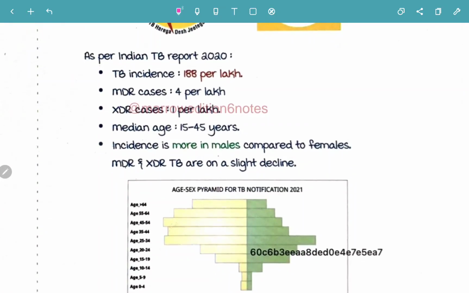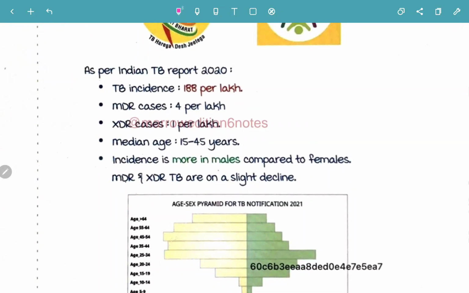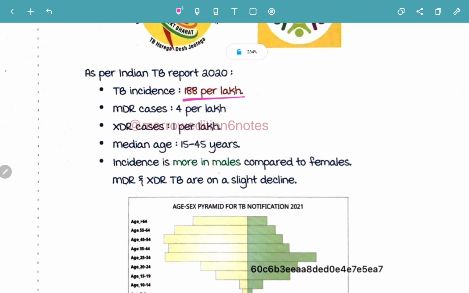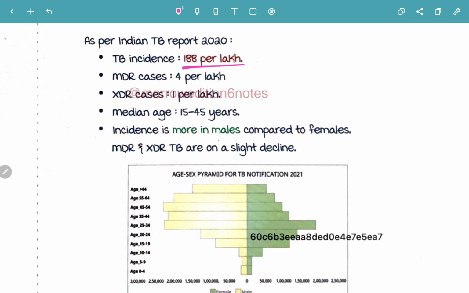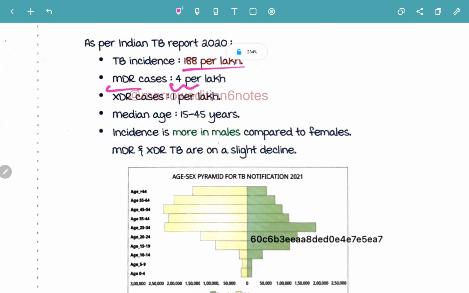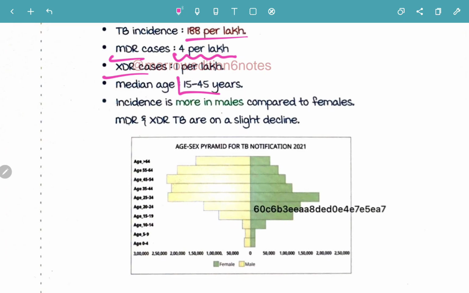As per the India TB Report 2020, TB incidence is 188 per lakh. It's quite high. The multi-drug resistant cases are 4 per lakh, and the extensively drug resistant cases are 1 per lakh. The median age for tuberculosis is 15 to 45 years.